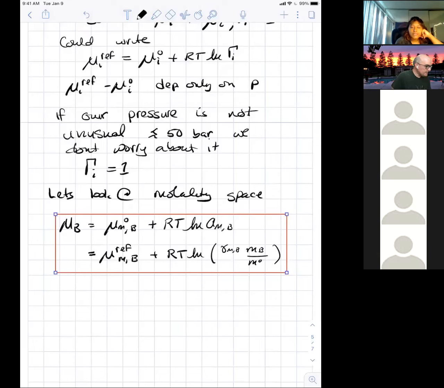Okay, well, if we look now just at the activity in the molality basis, it's going to look something like this. Right, we have to state that we're in the molality basis.